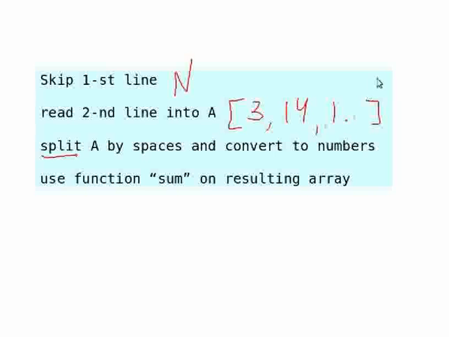And now we only need to apply the built-in function sum to this array. It is written something like this, and the result is printed out by some printing operator. It would also be 63, I believe.